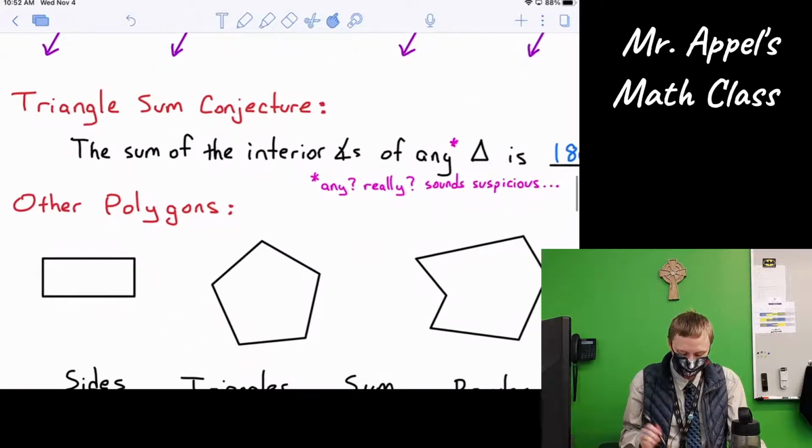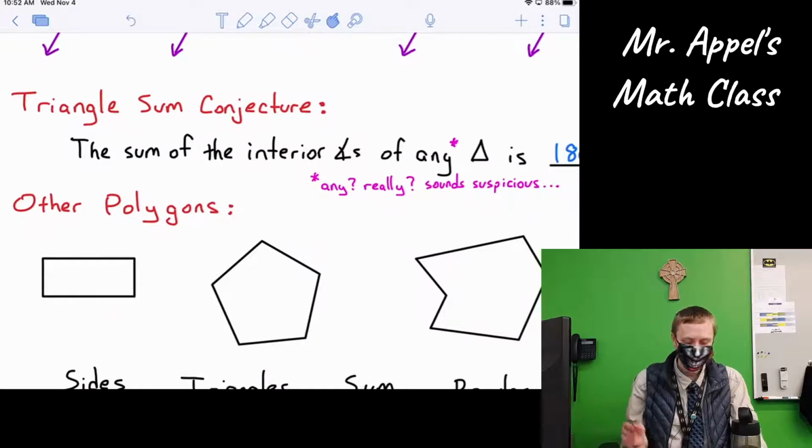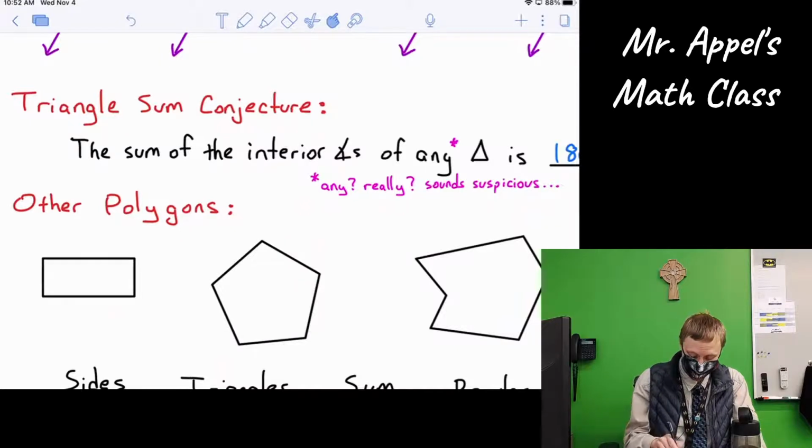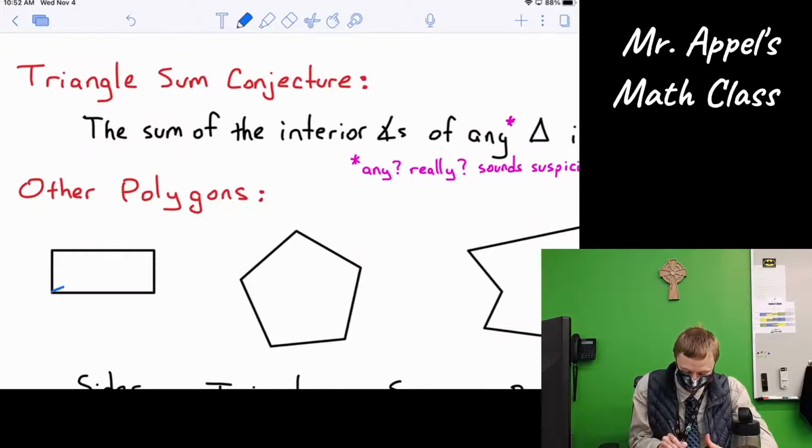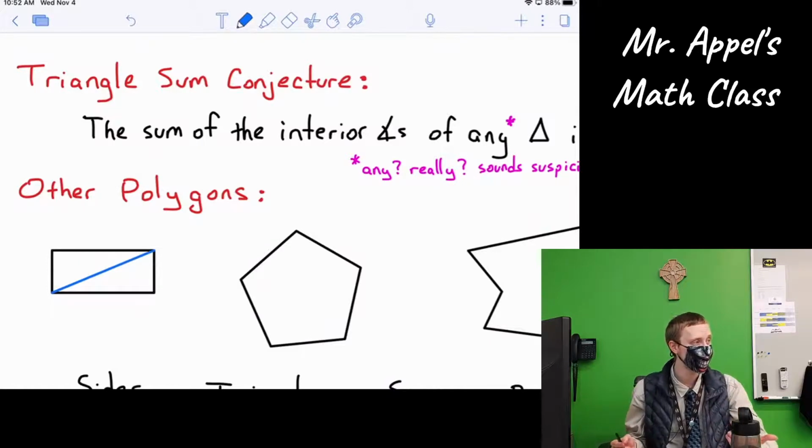So what does this mean for the rest of the polygons? What is their angle sum? What can we say about them? Well, we already know that a parallelogram, or even a rectangle here, could be divided into two triangles, right?